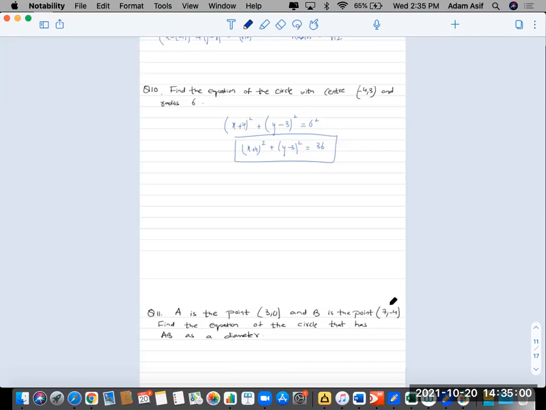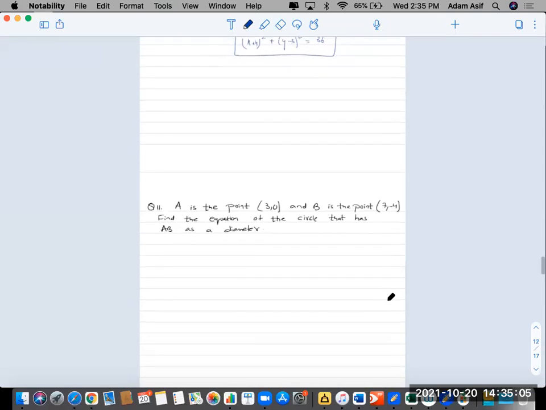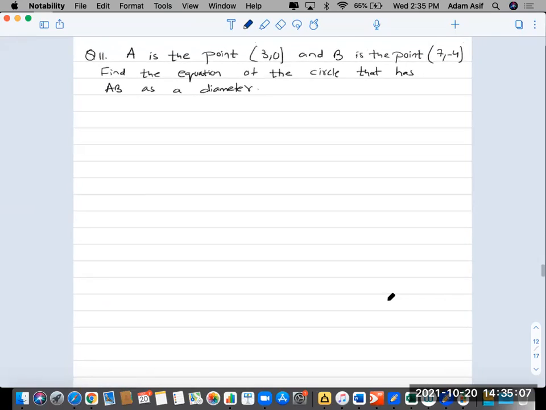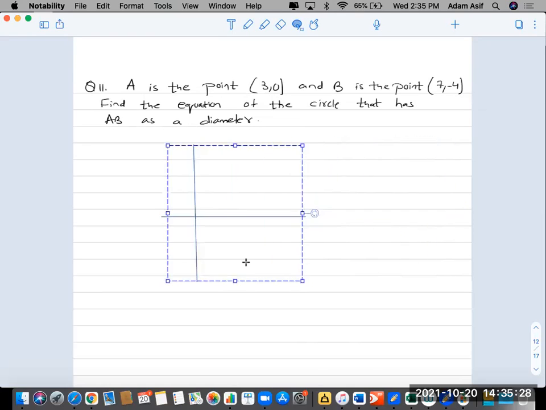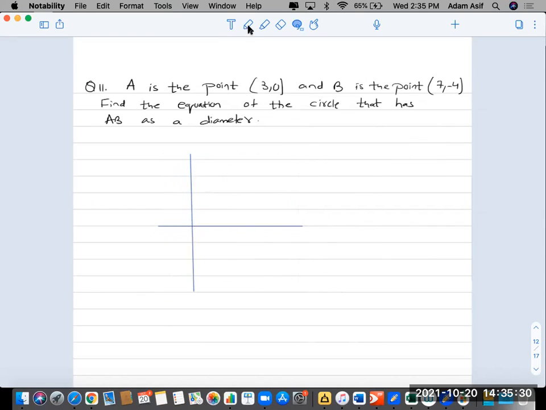So if AB is a diameter, how can you find the center of a circle? What divided by 2? The midpoint. Yes. So 3, 0, and 7, -4.